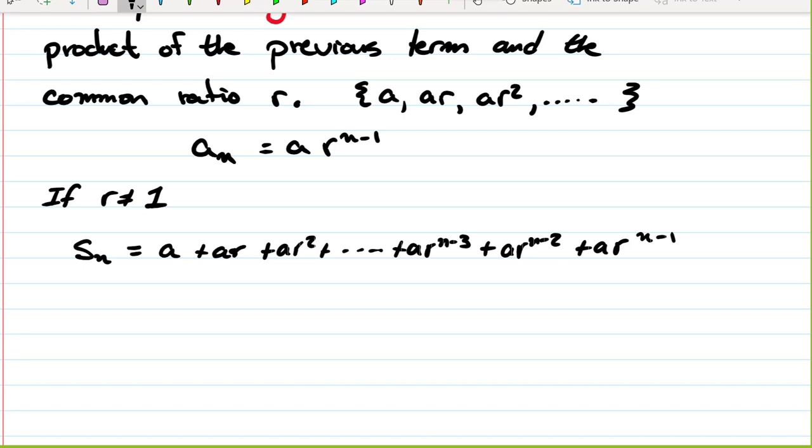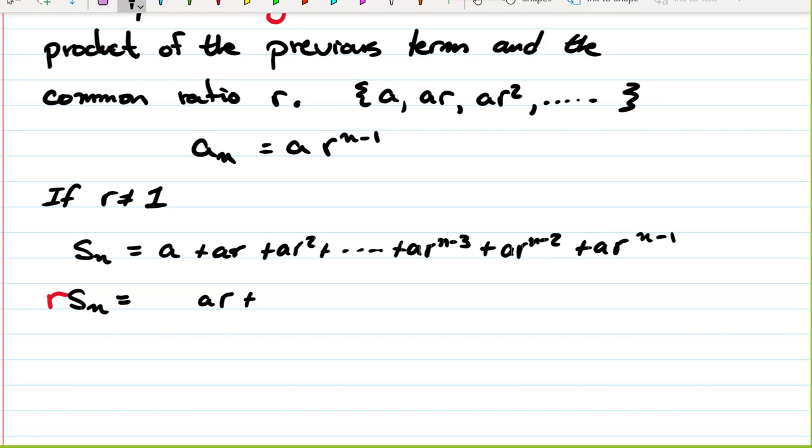So if we were to multiply both sides of this equation by r, the common ratio, we would have r times Sn. And if I multiplied everything on the right by r, it's going to increase the exponent by 1 on all of the r's. So A times r would become AR.